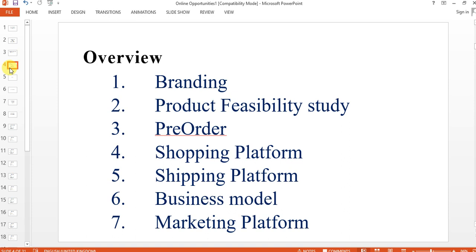So branding, one. Branding allows you to come up with a name that appeals to your audience, a name or a strategy that considers your audience, right? Or that considers your kind or type of services or products. All right.